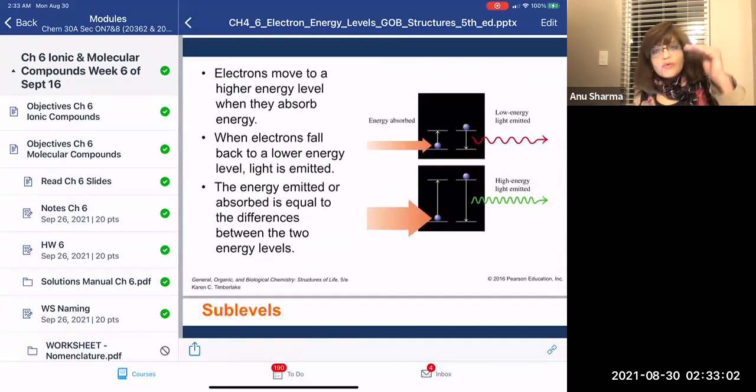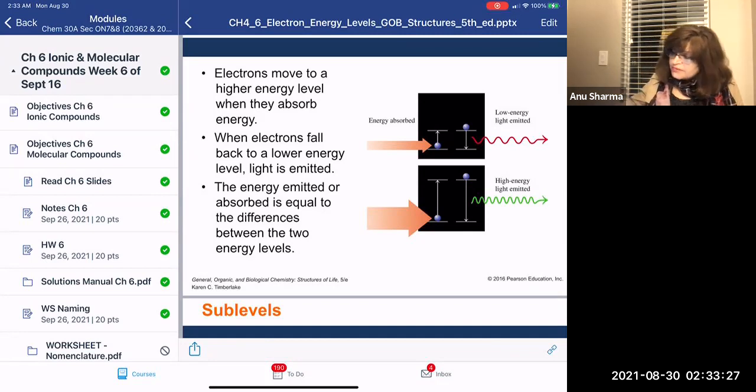They jump from a lower energy to a higher energy level, and from higher energy to a lower energy level. And when they jump, they emit light. And we know that light is associated with wavelength and frequency. The red color has a certain frequency, the blue color, the green color, the yellow color, the orange color.